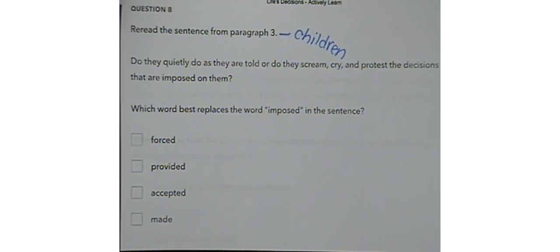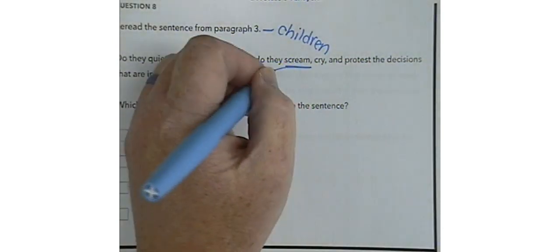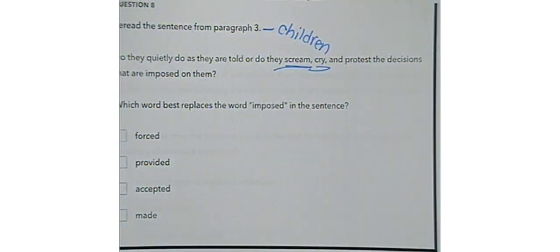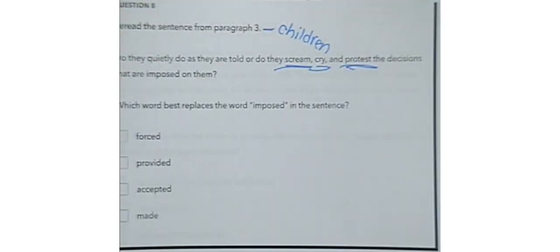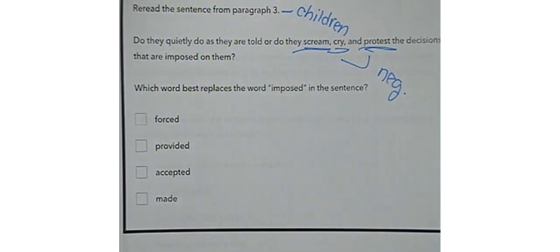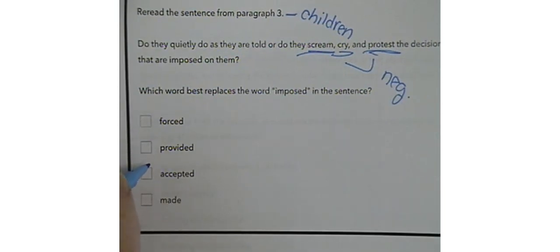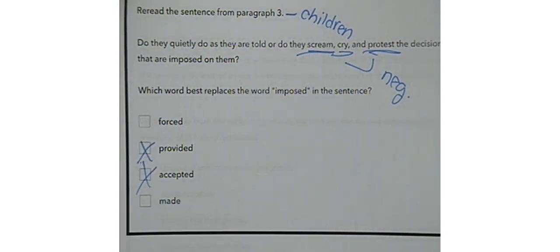So if you have no clue what imposed means, we need to look at context clues. And we have the words scream and cry and protest. Those would all be considered as negative words. So we should know that when we're looking for our answer options, we're looking for a negative word. So we have forced, provided, accepted, and made. Well, we know provided and accepted are not negative words.